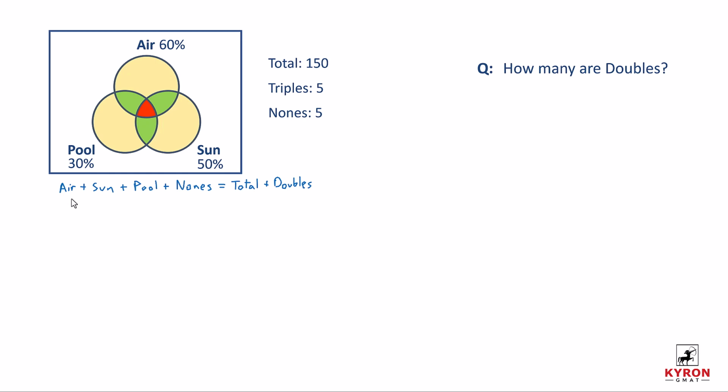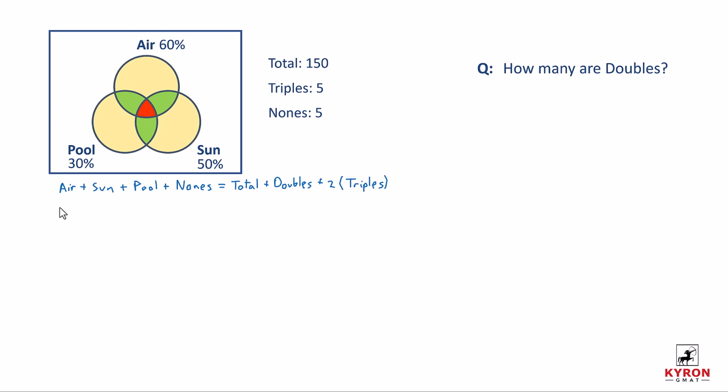Each triple house gets counted once as part of the air, once as part of the sun, once as part of the pool group. And to make sure that the triples get counted 3 times on the right side of the equation, we just add 2 more iterations of the triples. Now the triples are showing up on the right side once as part of the total, and then 2 more times here because we just added them in.